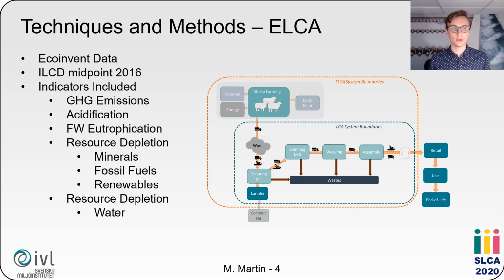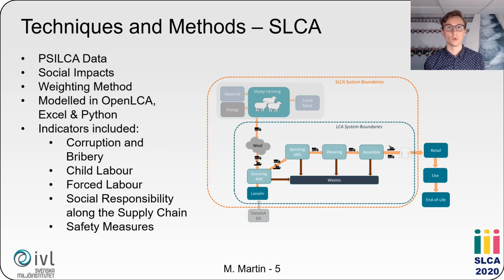And in the system boundaries, you can see that the sheep farming is actually excluded from the ELCA and included into the SLCA because, as we mentioned earlier, they are considered a waste in the ELCA, but given the fact that these sheep still have to be bred, we included them in the social LCA, which we're going to talk about now. Regarding the social LCA, we are using the PSILCA database, as we mentioned, looking at the social impacts.